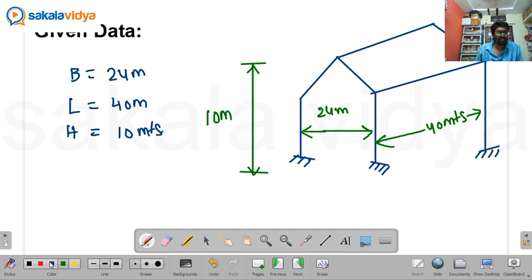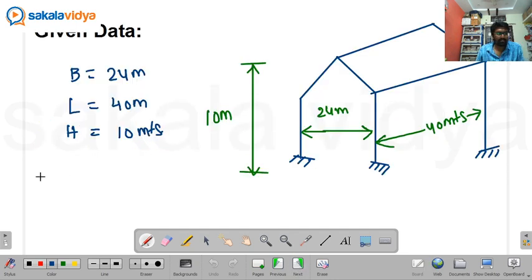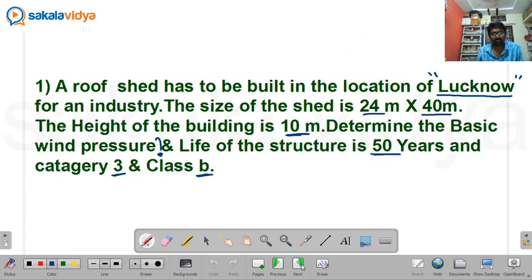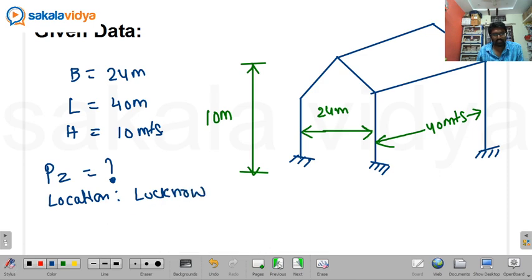And next, what is given here? Determine the basic wind pressure. So we have to calculate basic wind pressure, that is Pz is equal to how much? Next, what is given? Location, which is Lucknow. Life of the structure is 50 years.